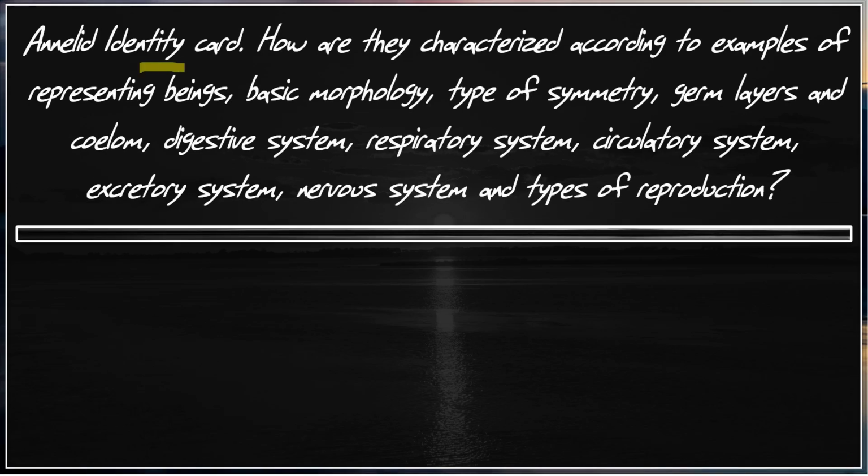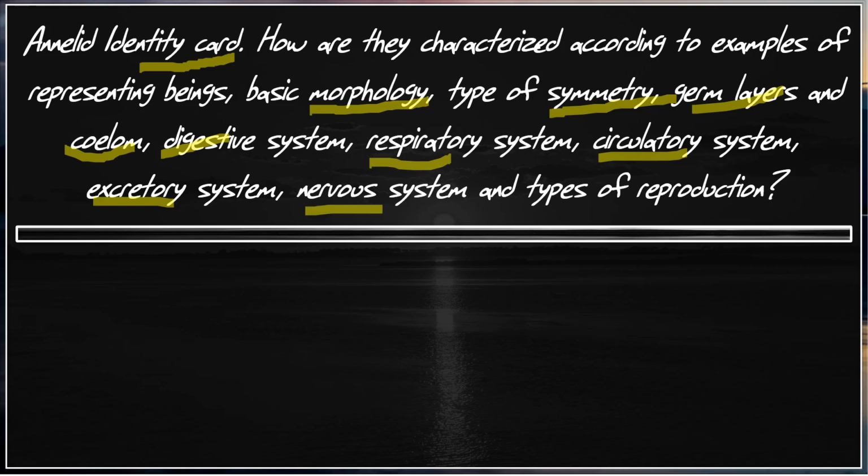Annelid identity card. How are they characterized according to examples of representing being, basic morphology, type of symmetry, germ layers and coelom, digestive system, respiratory system, circulatory system, excretory system, nervous system, and the type of reproduction?